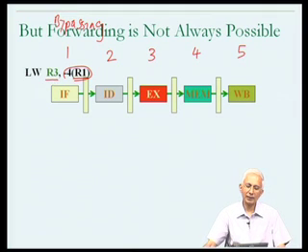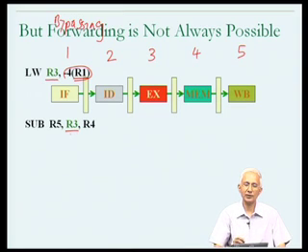Okay, now let us suppose that the next instruction is a subtract instruction which is dependent on the load word. Notice that it has as its first source operand register R3. It is therefore dependent on the load word instruction.